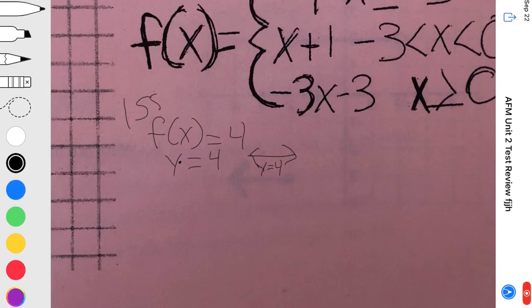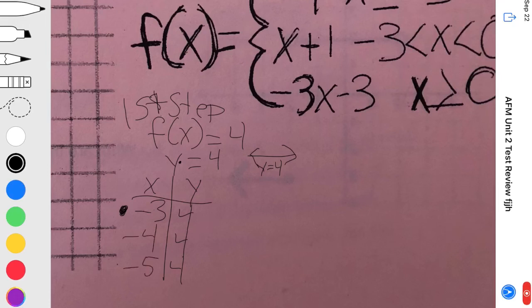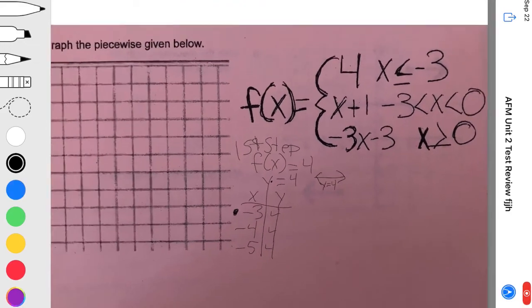So for our first step, when we create our table, all of our y's are going to be 4. And then we want where x is -3, because that's going to be a closed circle. And we want x values that are smaller than -3, so -4, -5.